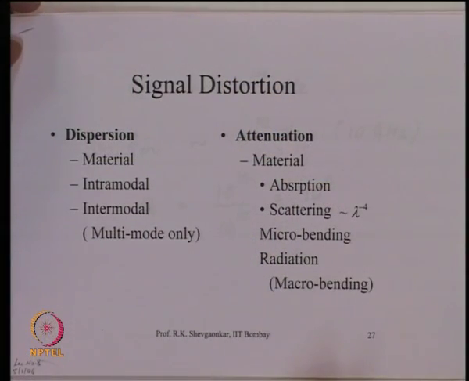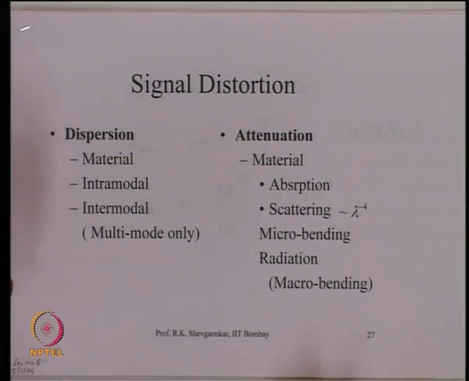Another loss of importance is the radiation loss, and that is if the fiber is gently bent over a large arc, and the radius of that arc is much larger compared to the wavelength, then you have a leakage of energy. So, let us understand why the radiation takes place from the optical fiber when it is gently bent.